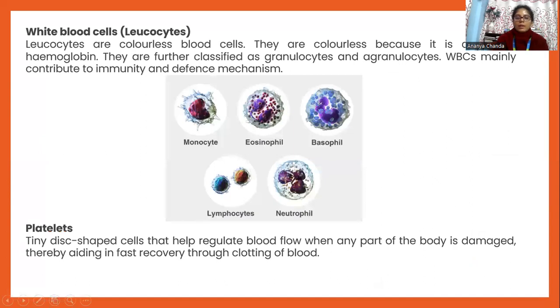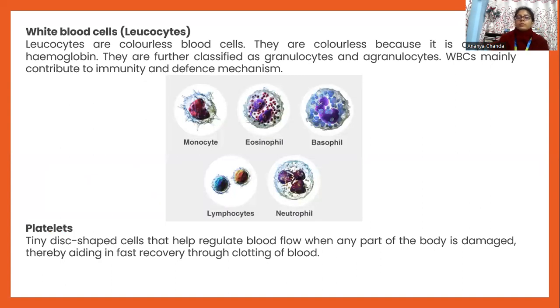Then come the white blood cells, also known as leukocytes. These leukocytes are colorless blood cells, also known as the defensive cells or the immune cells of our body. They are colorless because they are devoid of hemoglobin. They are further classified as granulocytes and agranulocytes.